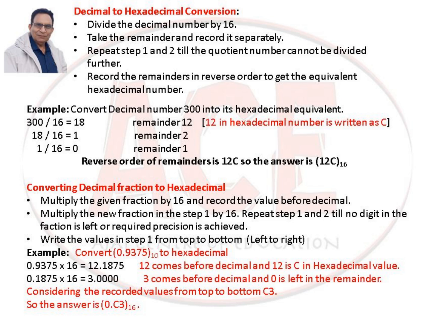Again it is multiplied by 16, we are getting 3.0000. So 3 is the number coming before the decimal, so it is recorded, and 0 is left as remainder, we leave it as such. Considering the recorded values from top to the bottom, we are getting C3. So our answer will be 0.C3 base 16.